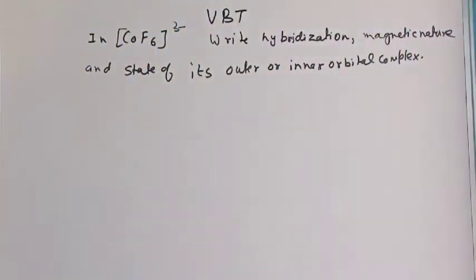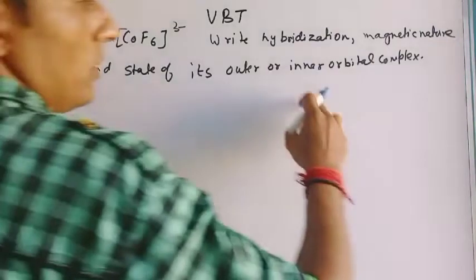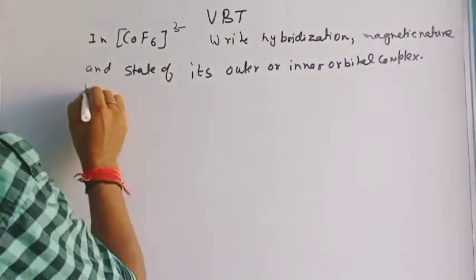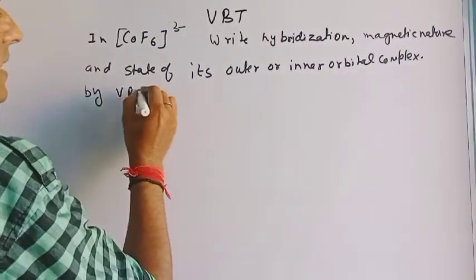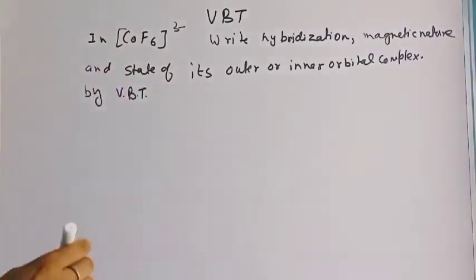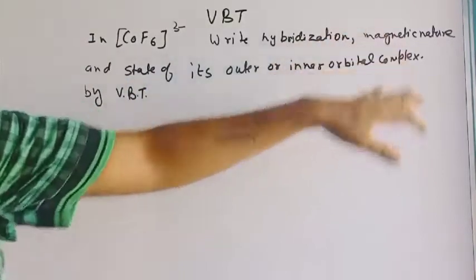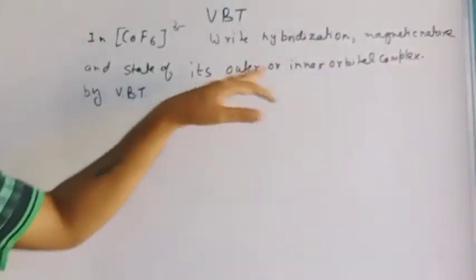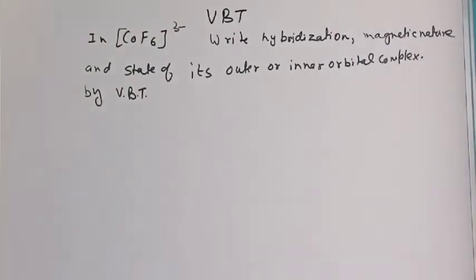Inner or outer orbital complex by VBT. Through valency bond theory we can find the hybridization. We have to find out the hybridization, magnetic nature and whether it is an outer or inner orbital complex.